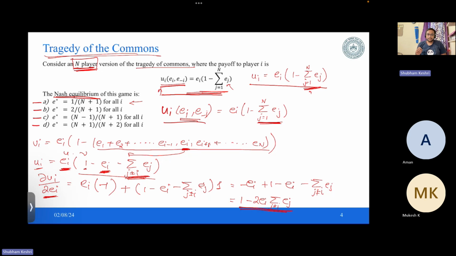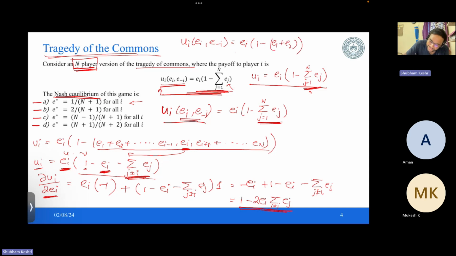In the lectures, we had discussed the same problem with the same utility function for 2 players. You see, this is a utility function of n players. When you have 2 players, with e_i comma e_minus i, you will have e_i times 1 minus, and this sum will have 2 terms, e_1 plus e_2.